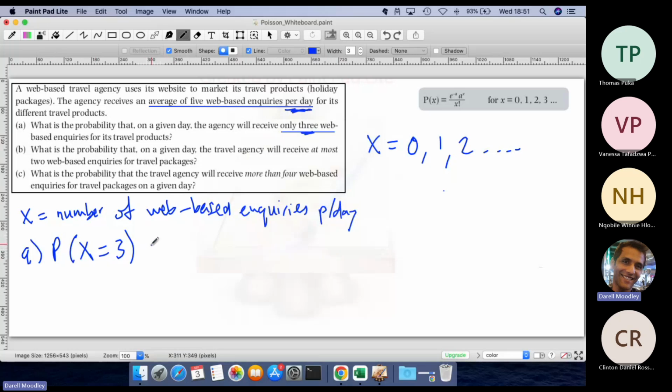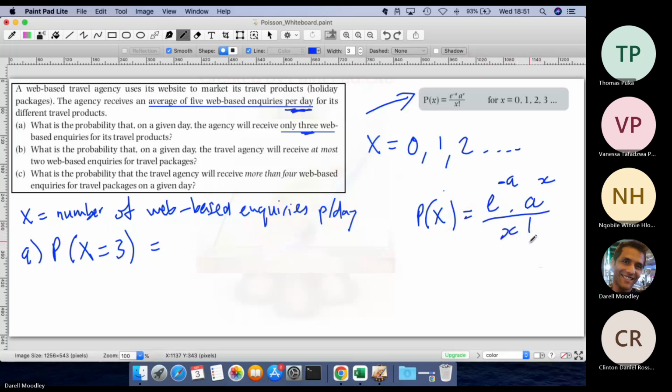Now for the Poisson distribution, you are going to use this formula instead, which is the probability of x equals e to the minus a, and I'll explain what these symbols are in a second, times a to the x, all over x factorial. You'll see this symbol e.